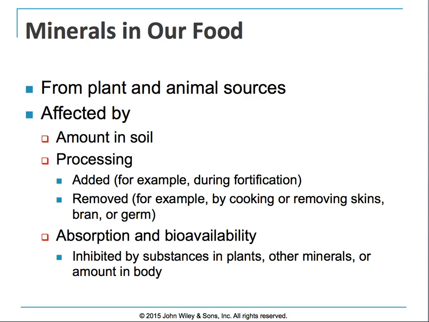Also, absorption and bioavailability. We talked about bioavailability in the last chapter. So the availability of minerals in our food can be inhibited by substances in plants, other minerals, or amounts in the body.